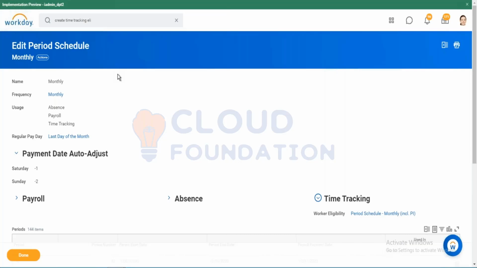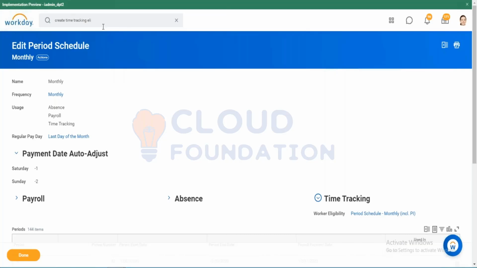Now, we talked about period schedule and all those time tracking important things, but how to identify which worker is using what kind of time tracking components? You are the time tracking administrator, you should know what components are used by a worker.